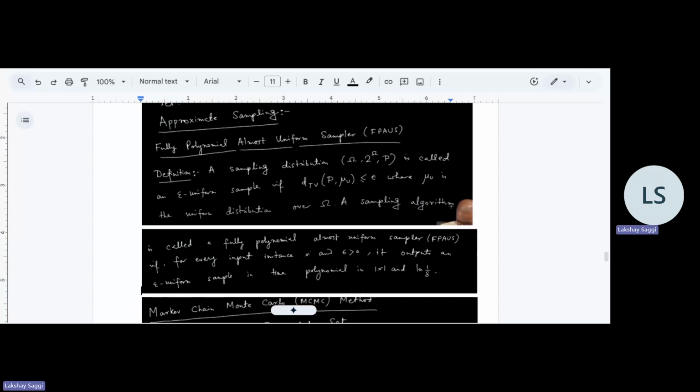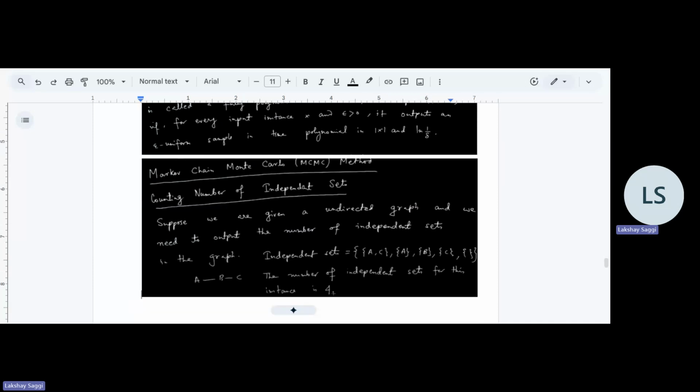In last week's lectures it was shown that one can obtain a distribution where each independent set is obtained with probability almost uniform, or epsilon away from uniform. That was an example of approximate sampling. We wanted a uniform sampler, but what we obtained was not exactly uniform, but something close to uniform.